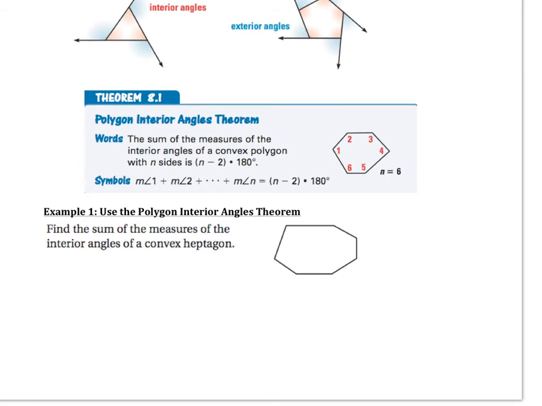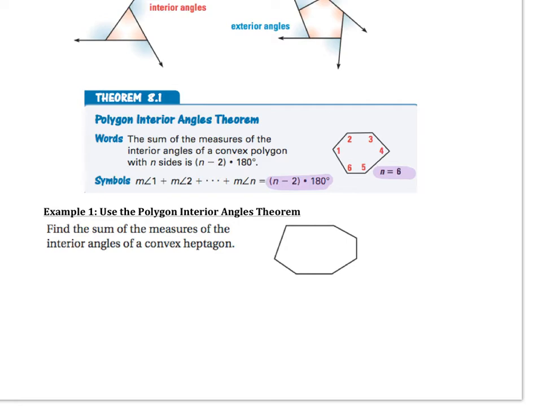To find the sum of all the interior angles of any polygon, you take the number of sides, subtract 2, and multiply by 180.